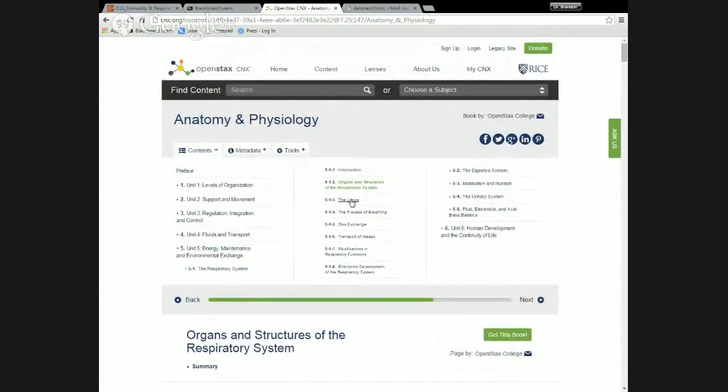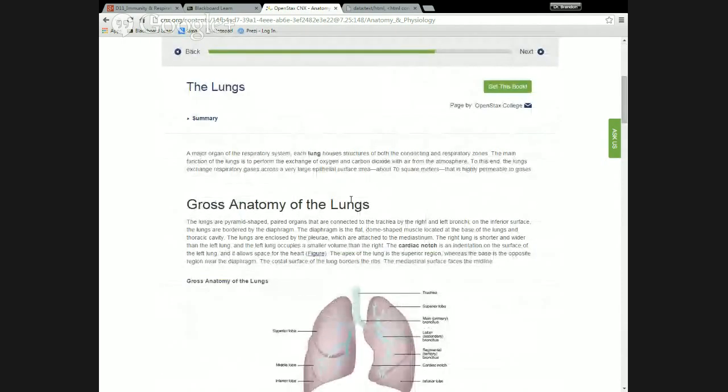In the lung section, it talks a little about the structure of lungs and the pleura, which is the serous membrane associated with the lungs. And I talk about that in the second lab where we're talking about breathing.